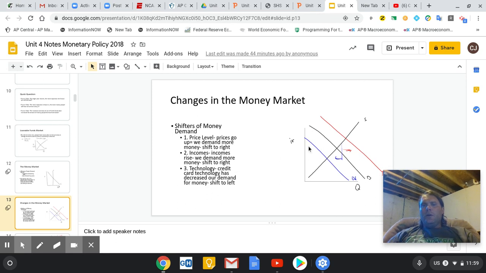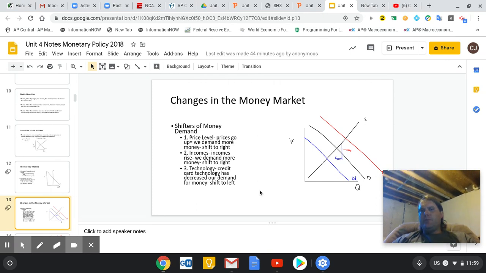Okay, so if we shift our demand in the money market, you can see our shifters here. We could have simply prices go up, so we've got to demand more money to borrow. We could have our incomes increase, which means we qualify to borrow more money.